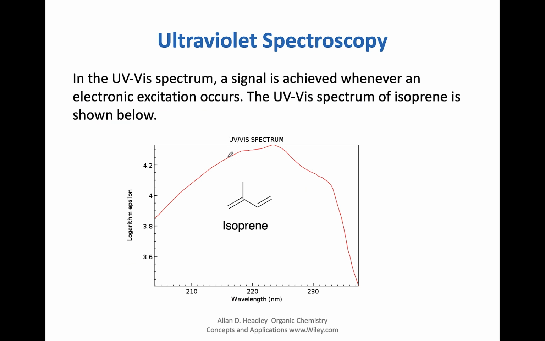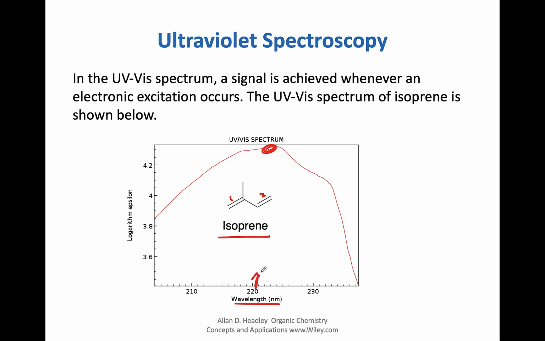Okay, here is what the UV-vis spectrum looks like. There is a scan. The machine automatically scans the wavelength in terms of energy. So it goes from a low to a high wavelength, or longer wavelength, less energy. If the unknown is isoprene, for example, or if the unknown has 2 double bonds in conjugation, there is a signal in this region right here.